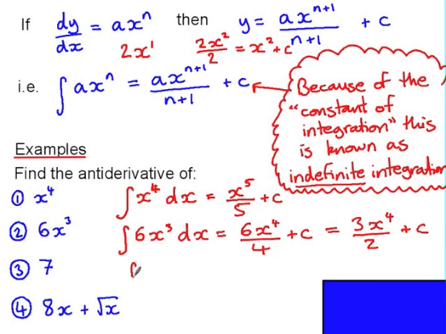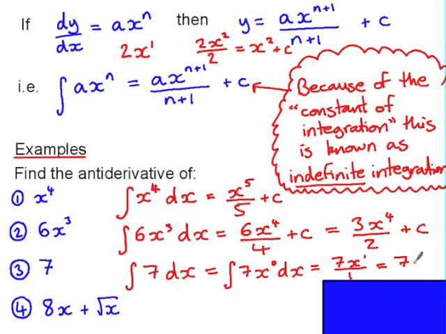The integral of 7 with respect to x, I'll write that as 7x to the power of 0 with respect to x. So raise the power by 1, 7x to the power of 1, and divide by the new power, which simplifies to 7x plus c.